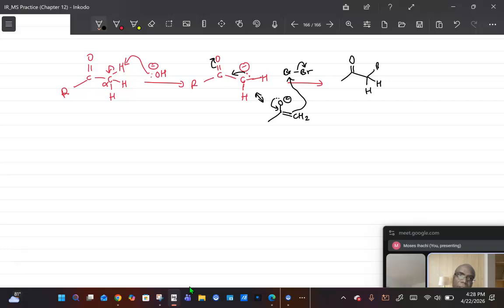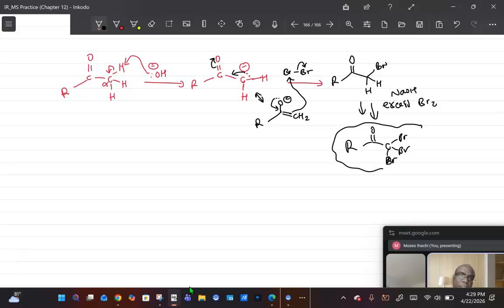You just use excess Br2 and sodium hydroxide. It brings you here. But like I said, this one is not gonna survive. You go through the tetrahedral intermediate. When you're doing such additions, you always want to force yourself to get to the tetrahedral.